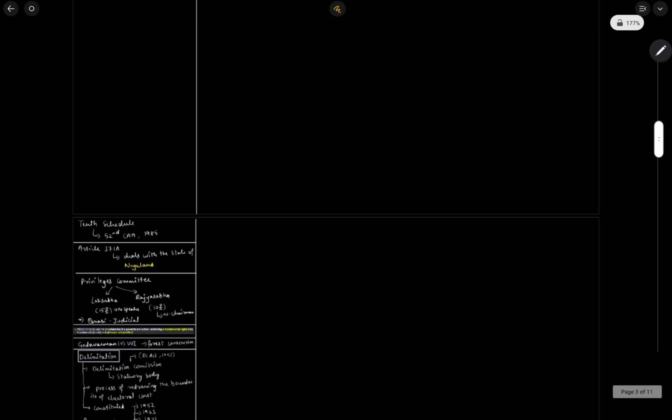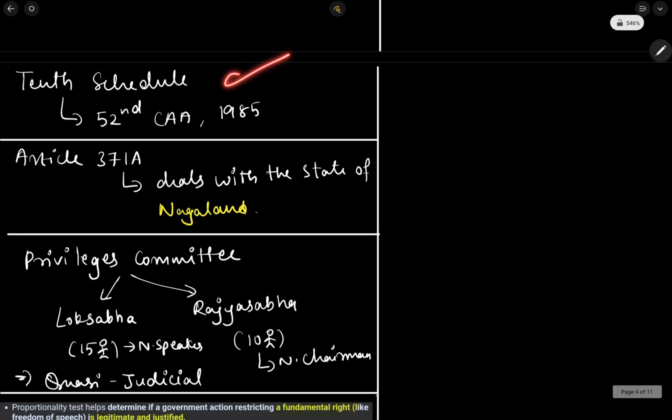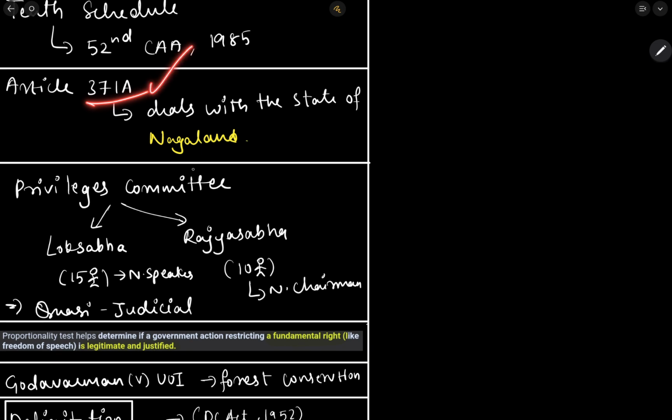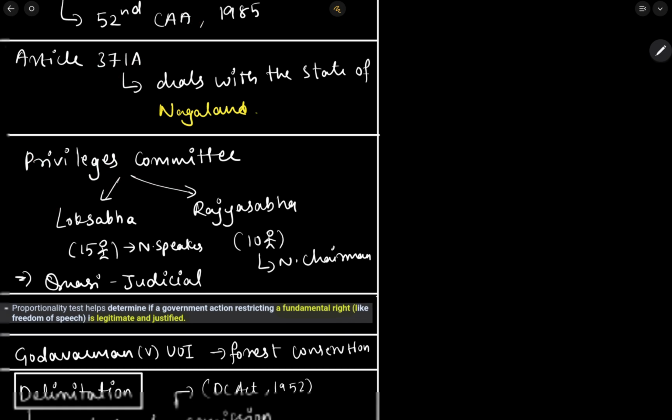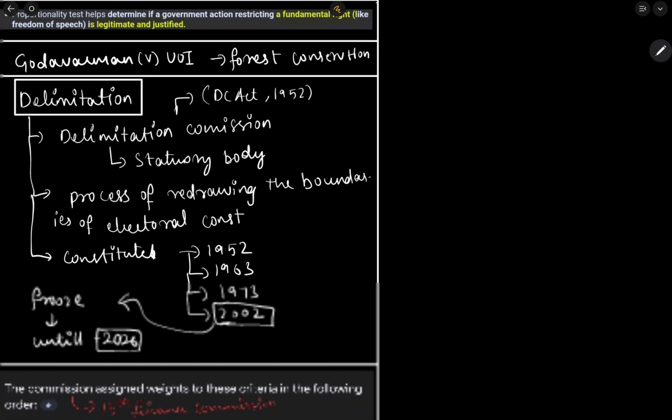And next we went to discuss the topics of polity current affairs. In that we discussed the 10th Schedule, Article 371A and the Privileges Committee, and then we discussed the proportionality test, and then Godavarman versus Union of India.